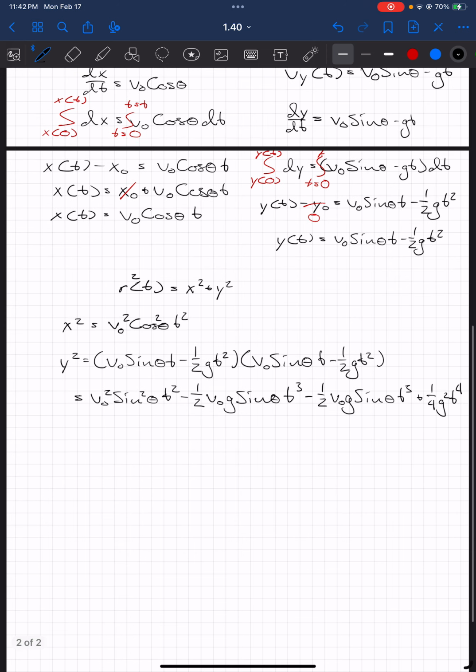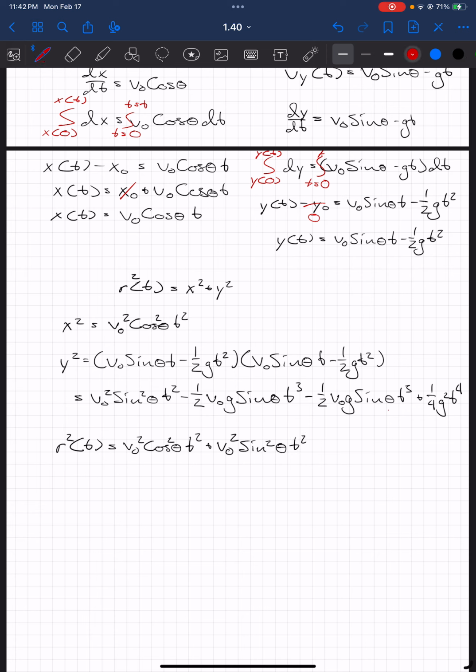We plug these back in for our r of t function. So our ball's position as a function of time, squared, is equal to v naught squared cosine squared theta times t squared plus v naught squared sine squared theta times t squared.